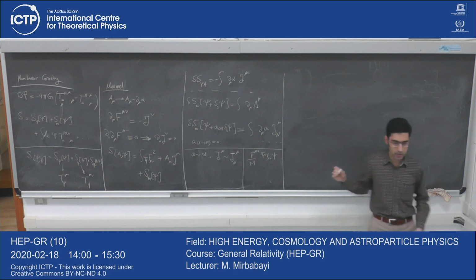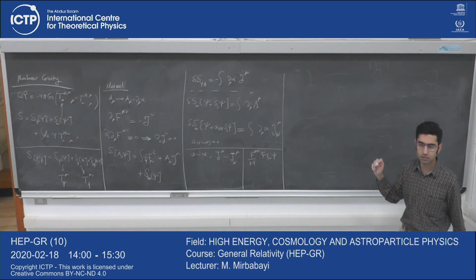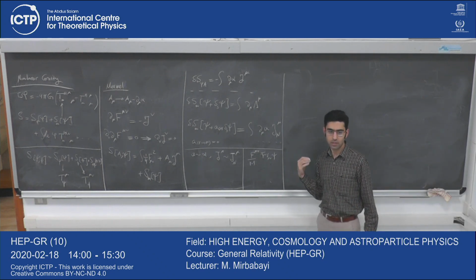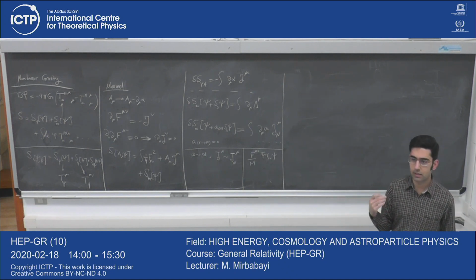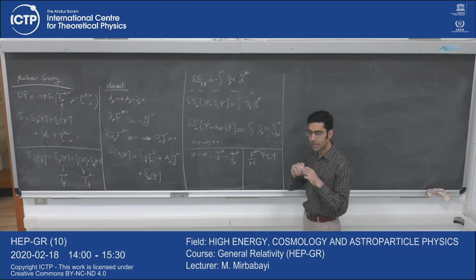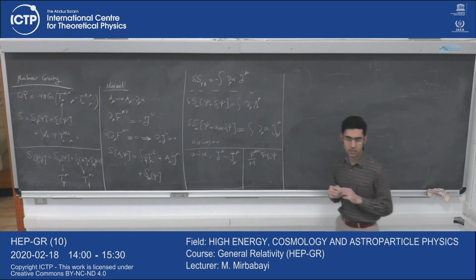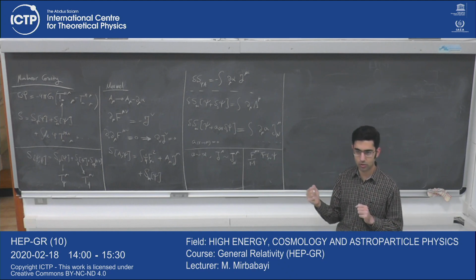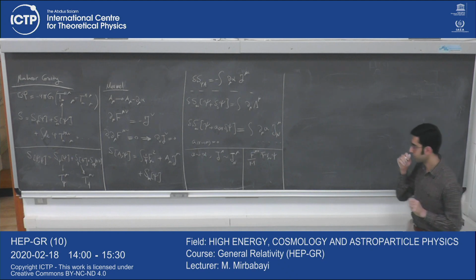Now from this perspective, what we have done in the case of linearized gravity was something very similar. We coupled h mu nu to T mu nu, and T mu nu was the conserved current, another current that we derived from the fact that the action is invariant under translations. So in a sense, what we have done when we coupled h mu nu to matter was to gauge the space-time translations.